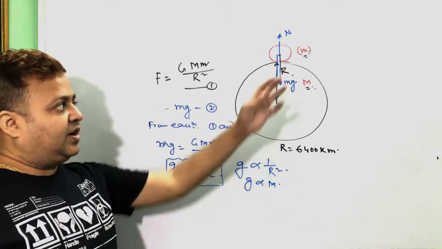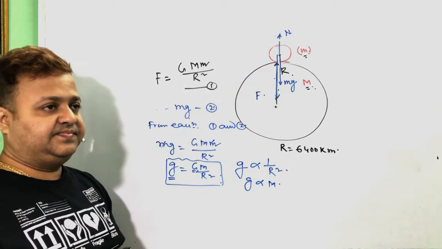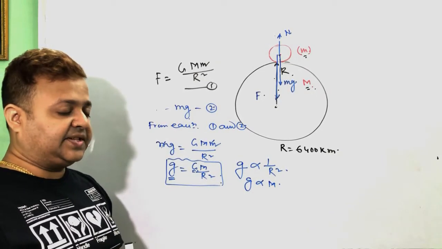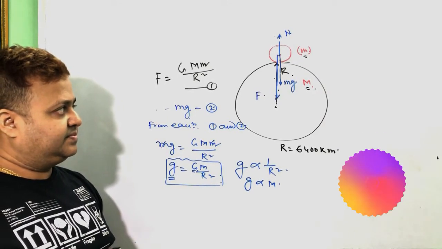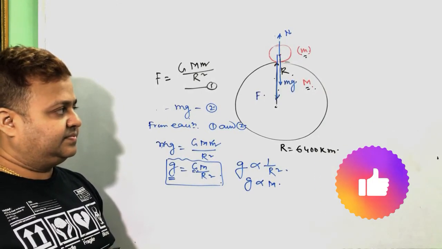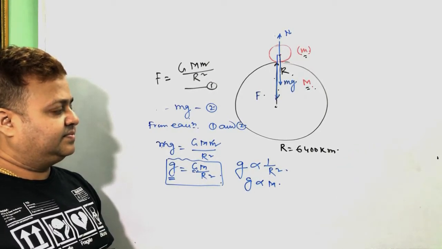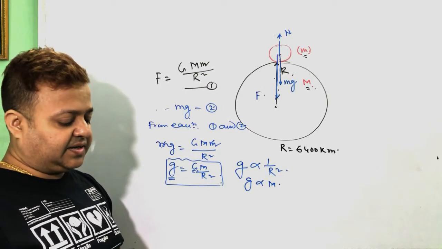A body of mass small m is placed on the surface of the earth. Capital M is the mass of the earth.